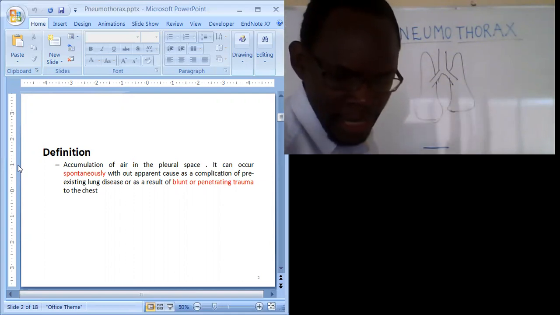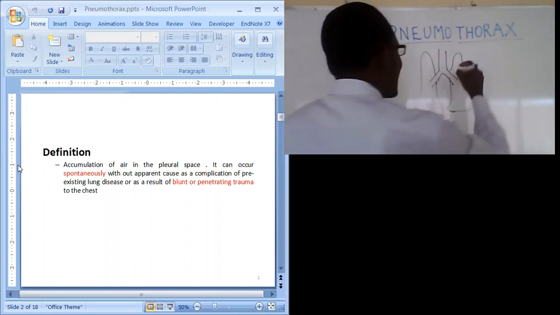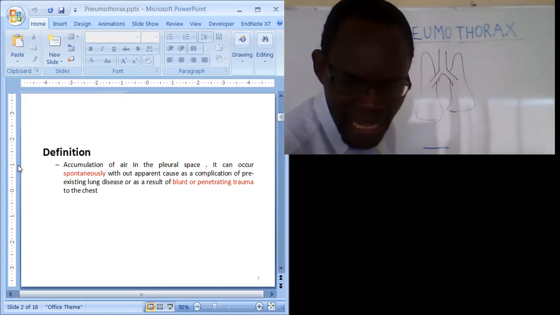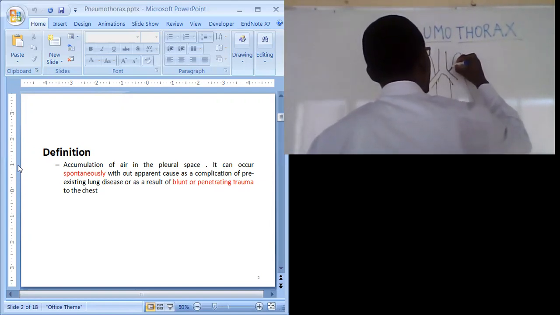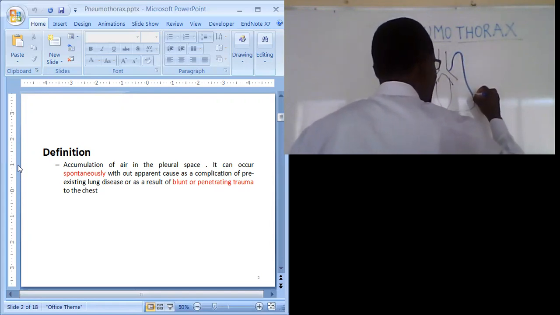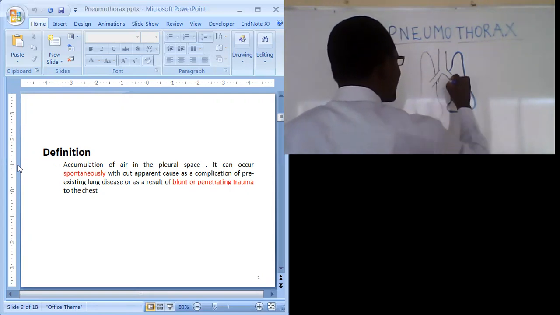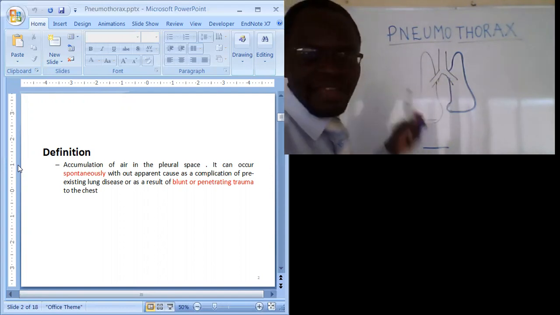The pleura has 2 parts. There's a layer that covers the lung itself, even on the other side of the lung.